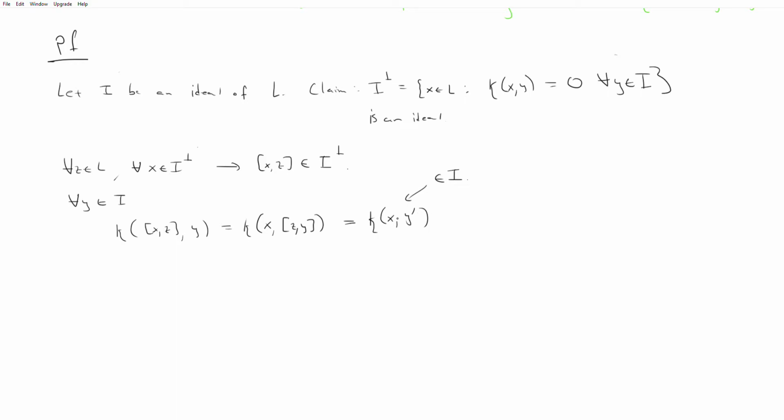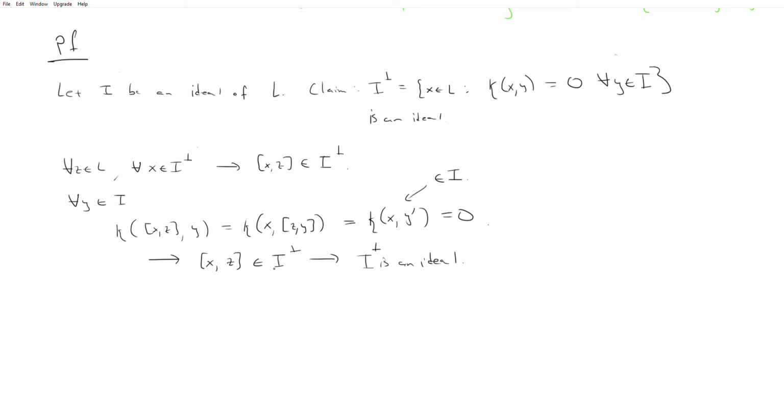And since X is an element of the orthogonal complement, this is equal to 0. And so we have kappa of X bracket Z with Y is equal to 0 for all Y in I and for all Z in L. And so we deduce that X bracket Z is an element of I perp. And so that means I, or excuse me, I perp is an ideal. So that's pretty easy to see.